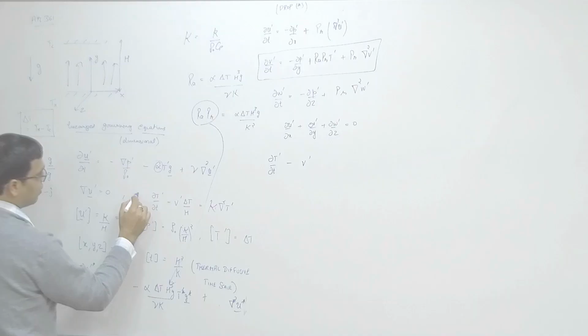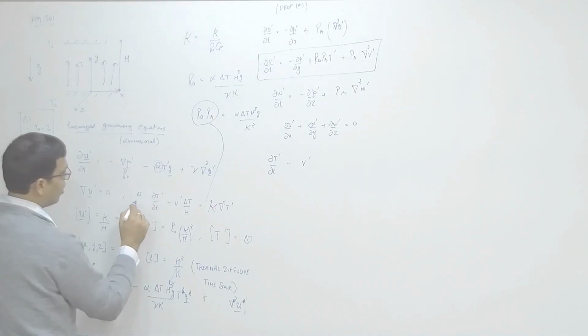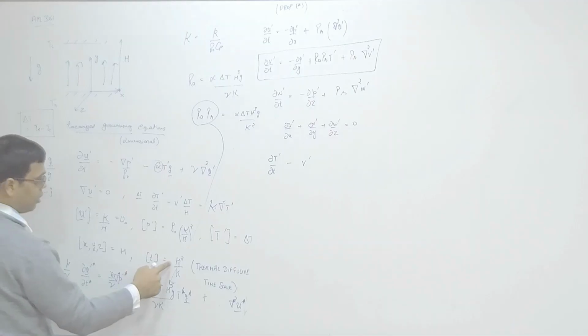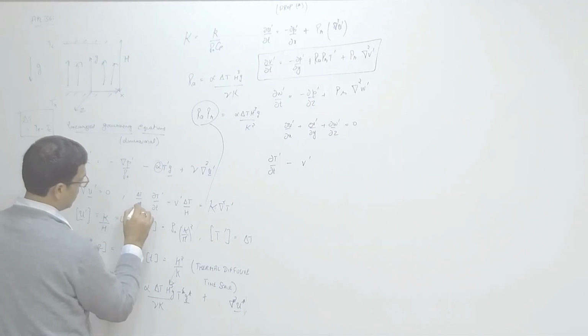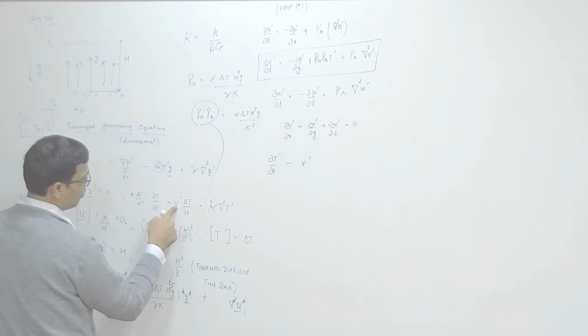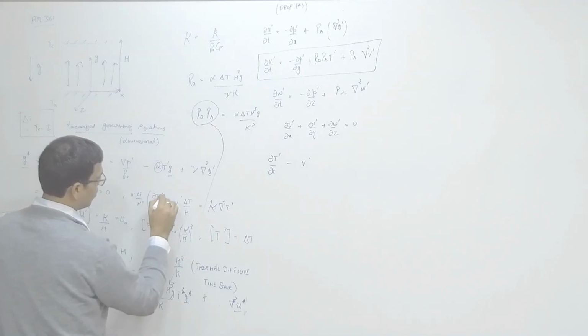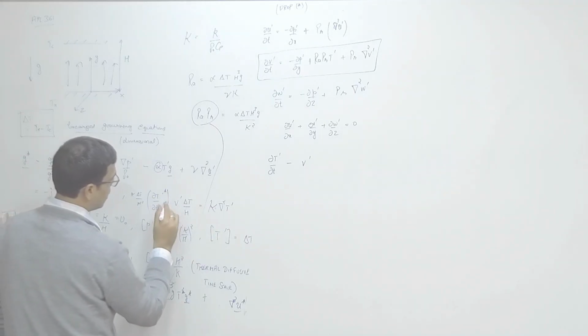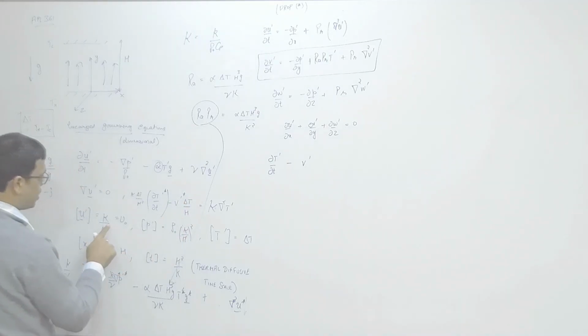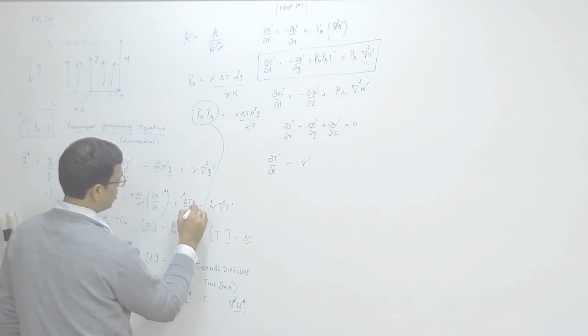So here we will have a delta T over time, which is h square by kappa. And then we have a v prime delta T over h, and v prime will introduce, when I make this quantity a star, another kappa by h. So this will also be this.